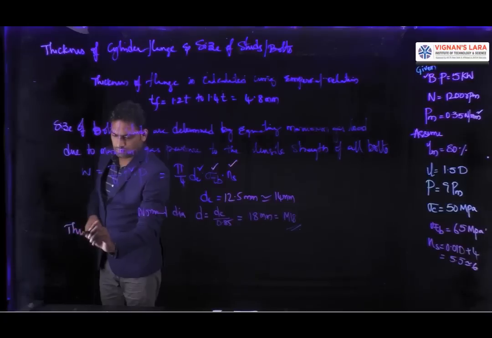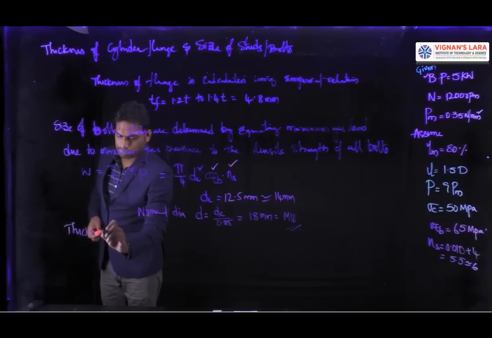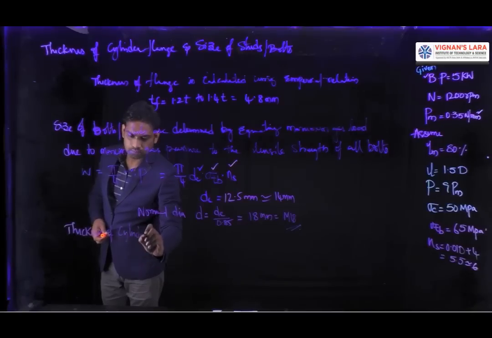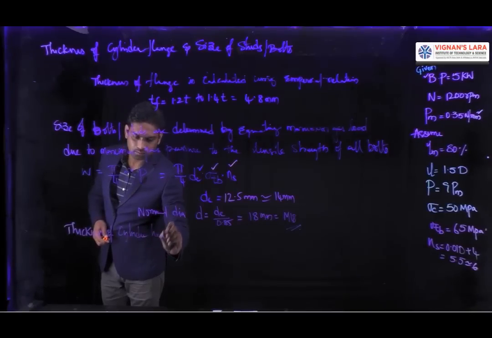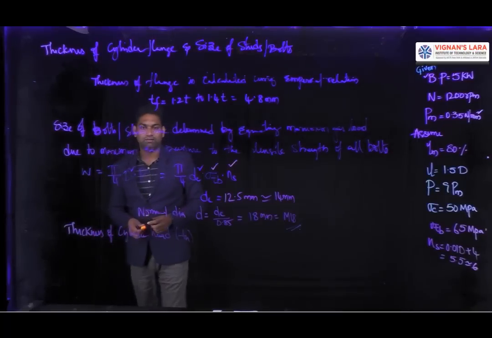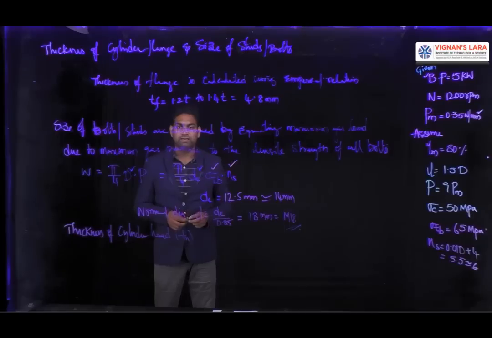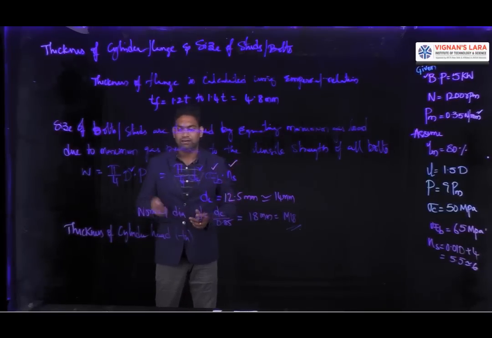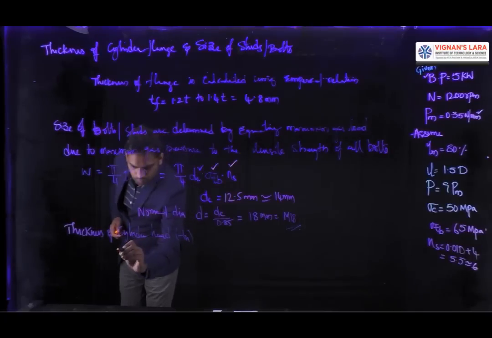So thickness of cylinder head denoted by TH. So during calculating the cylinder head we assume that the cylinder head is considered as a simple flat circular plate, that needs to be mentioned here.